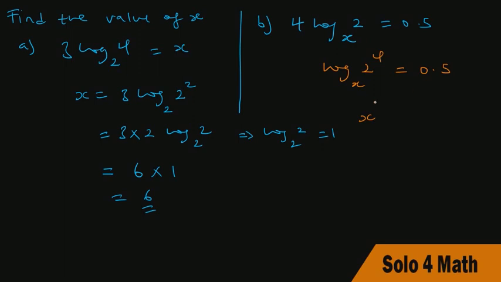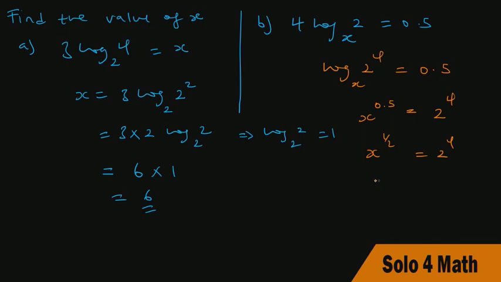The exponent is 0.5, and then the argument drops down, so we have 2 to the power 4. Now we know this is x to the power half equals 2 to the power 4.